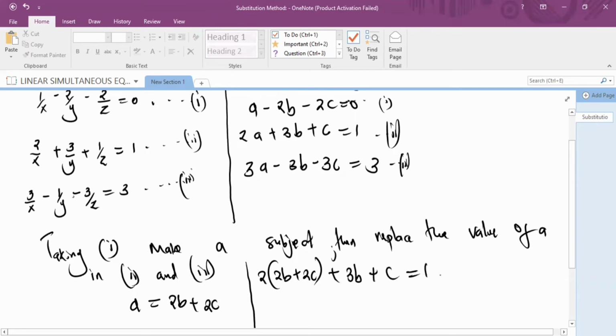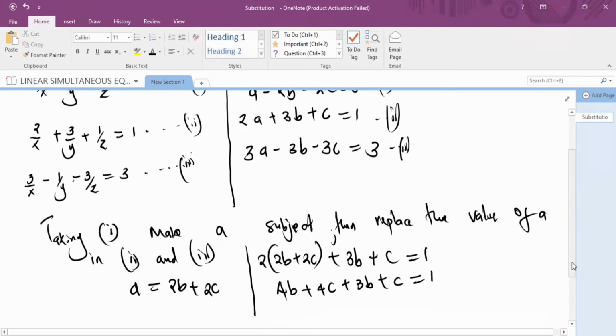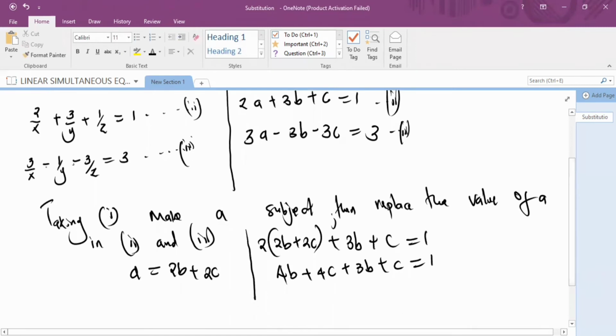And this will simplify to 4B plus 4C plus 3B plus C is equal to 1. And that clearly will give us 4B plus 3B, that will be 7B plus 5C is equal to 1. So whatever we get here, let's call it equation number 4.